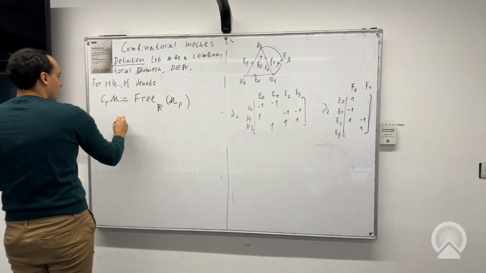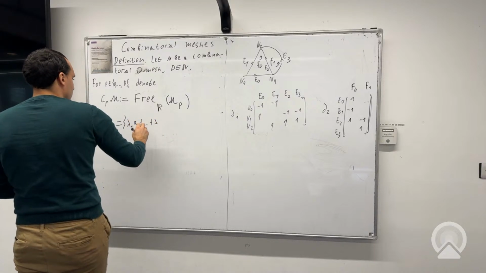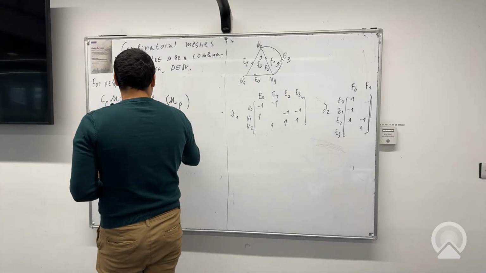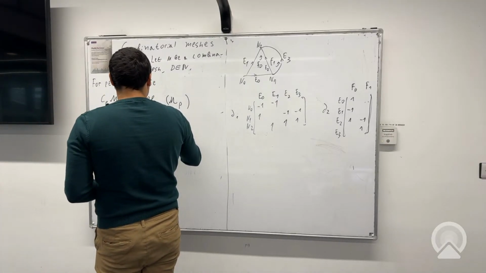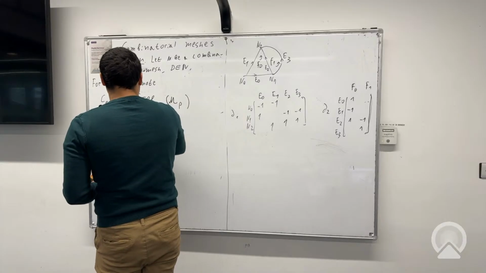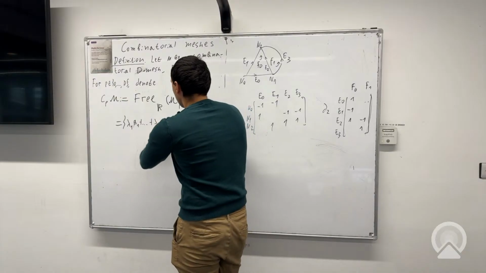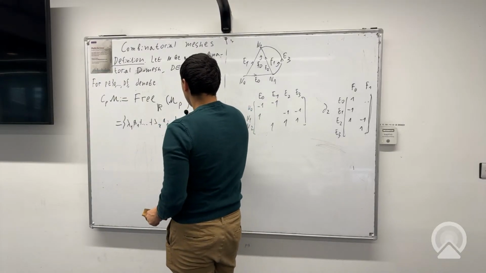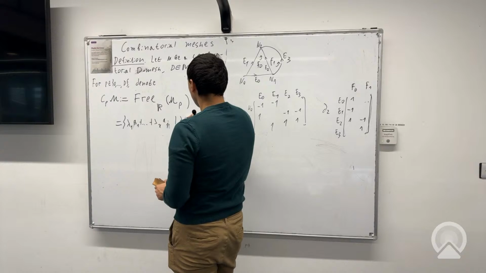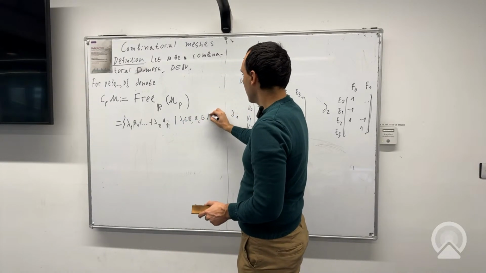So this is the space of formal linear combinations. So this is lambda_1 A_1 plus ... plus lambda_N A_N, where lambda_i are real numbers and A_i are in M_P.